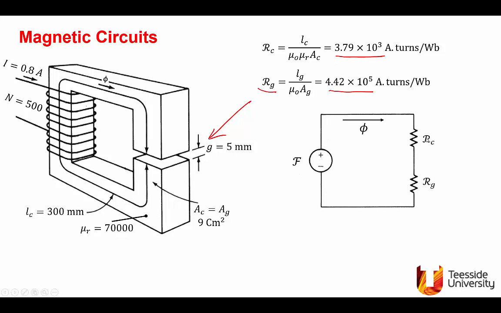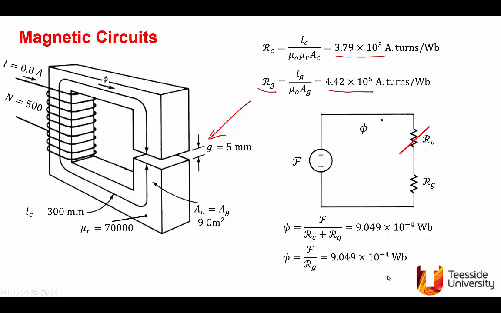F, phi, RC, we have these two reluctances in series. Calculate the flux and get 10 to the minus 4 weber. If we ignore RC, the core reluctance, the 300 millimeter path, we end up with the same value.